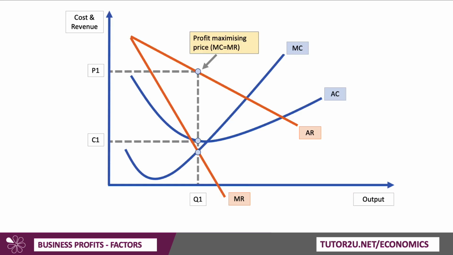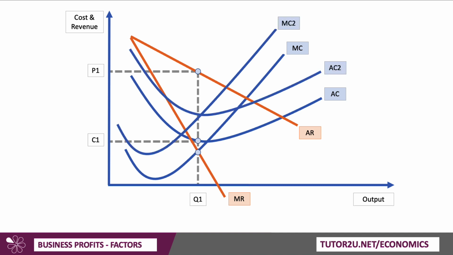Now, again, I'm not going to draw too many diagrams here, but here's a diagram showing an output of Q1 and price of P1 for making quite a good supernormal profit there. If variable costs go up, MC and AC shift to MC2, AC2, and a profit maximising firm will produce a lower output, Q2.